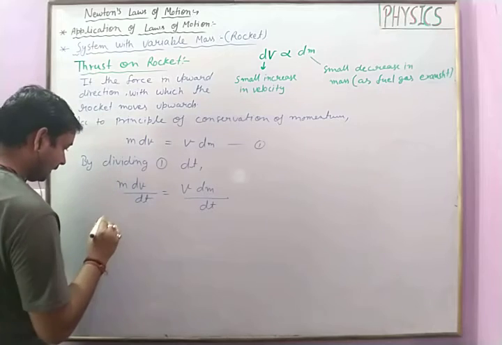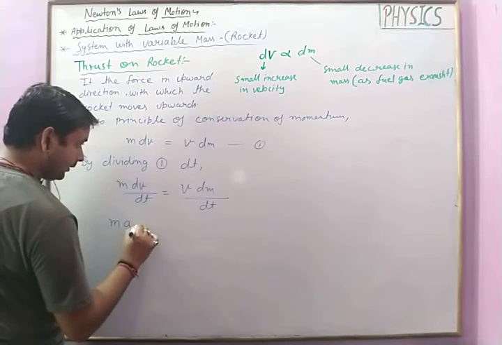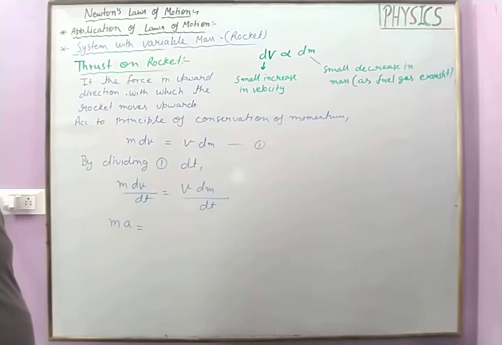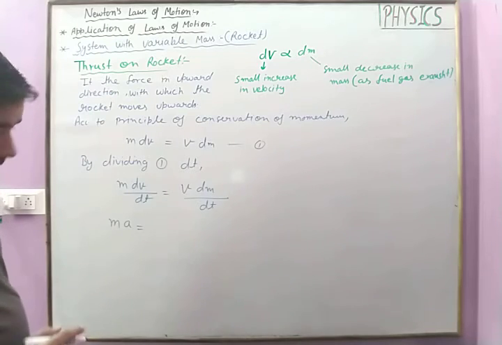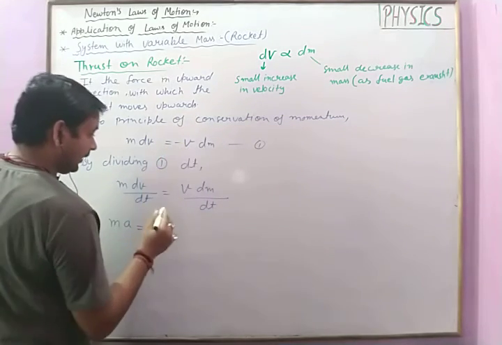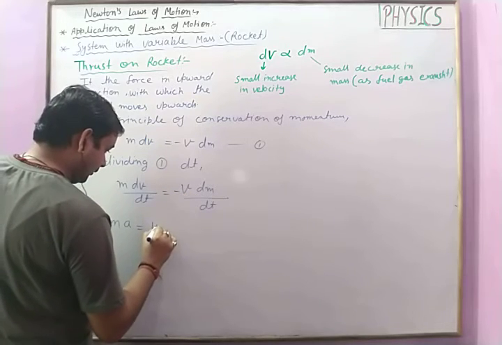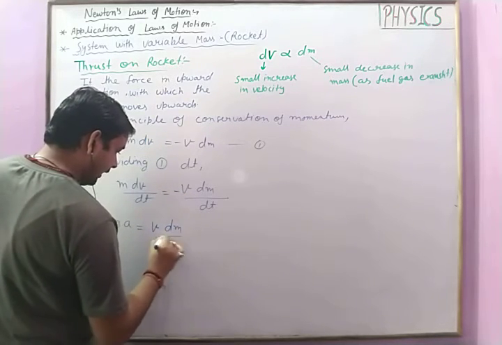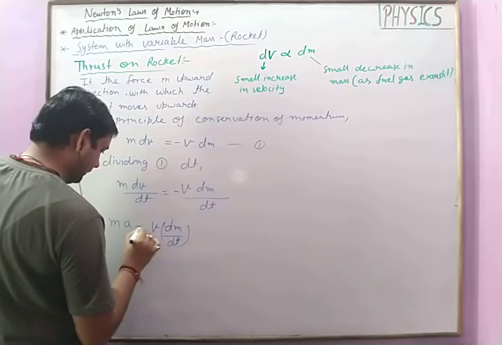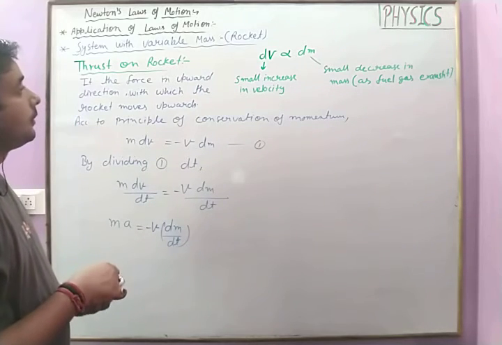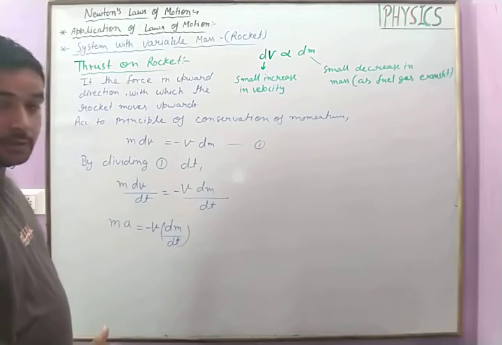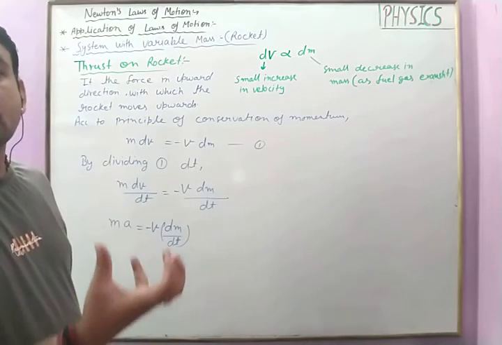So this will become ma is equal to v dm upon dt, where the negative sign indicates the thrust is opposite to the direction of the fuel exhaust.